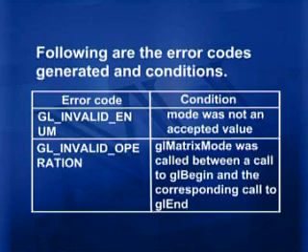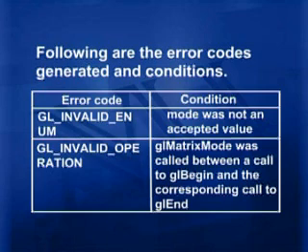The error codes that we can encounter, depending upon what error is made while programming the function, include GL_INVALID_ENUM and GL_INVALID_OPERATION. GL_INVALID_ENUM is set when mode was not an accepted value. When the mode value which we have specified with the glMatrixMode function is not a valid value, then we are returned this error code, GL_INVALID_ENUM.